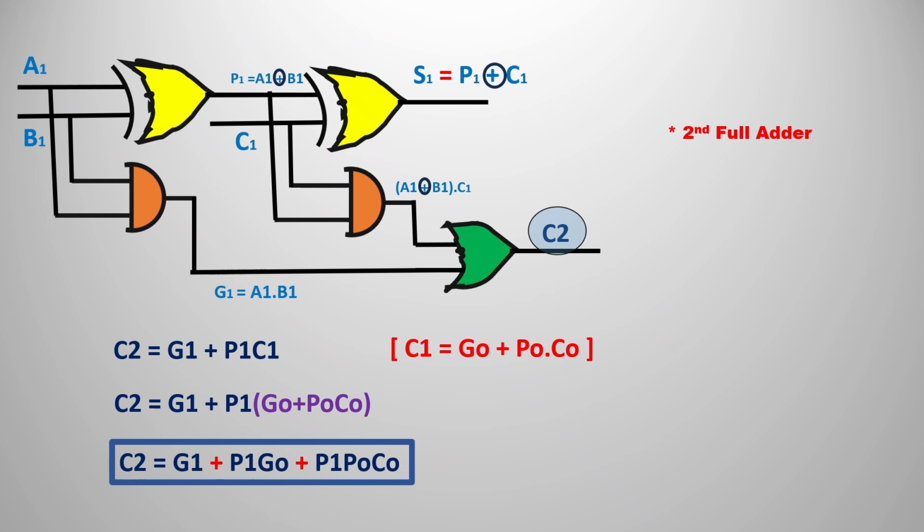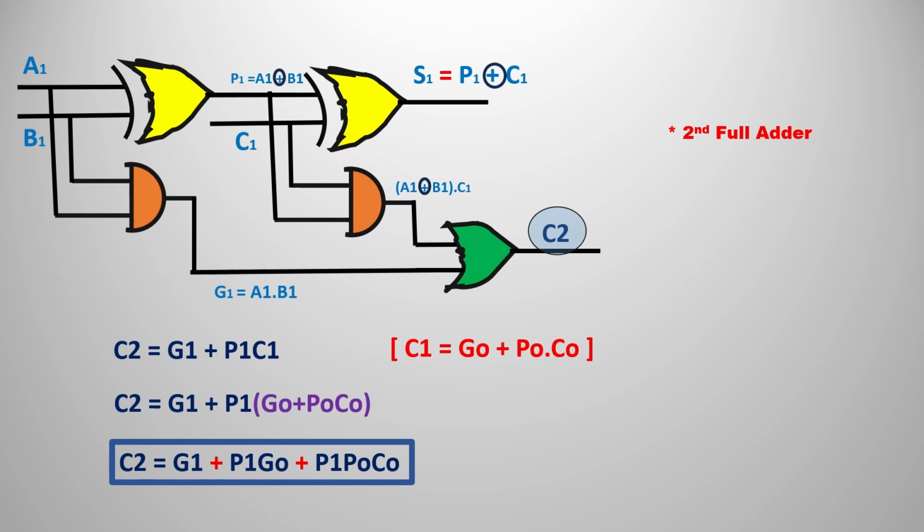I already said we are going to construct the 4-bit CLA. For that, we already saw the first full adder. The first full adder's carry will be one of the inputs of the second full adder. So let's also see the second full adder. The final carry that we are seeing is C2, and our aim is to reduce the propagation delay of carry 2. So C2 is equal to G1 plus P1 into C1.